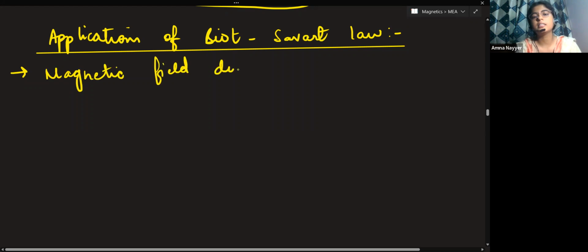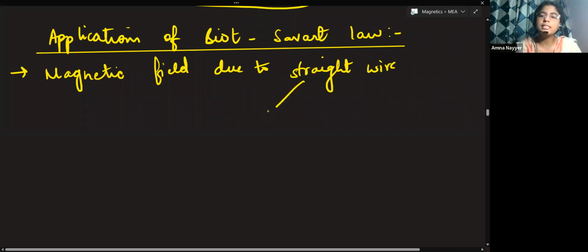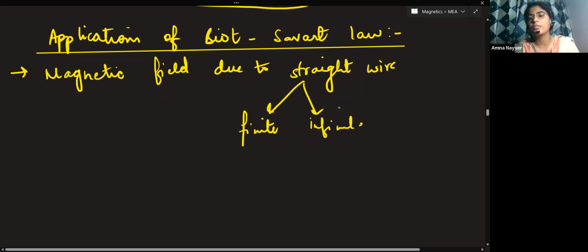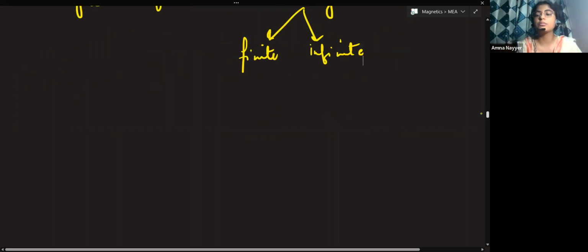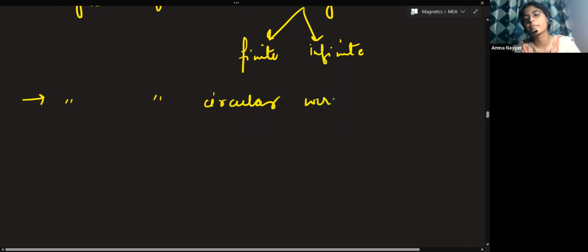So you have magnetic field due to a straight wire. This has both the finite length wire and the infinite length wire. Then, apart from straight wires, if the wires are curved, there is the magnetic field due to a circular wire, at the center if asked, or at the axis if asked.